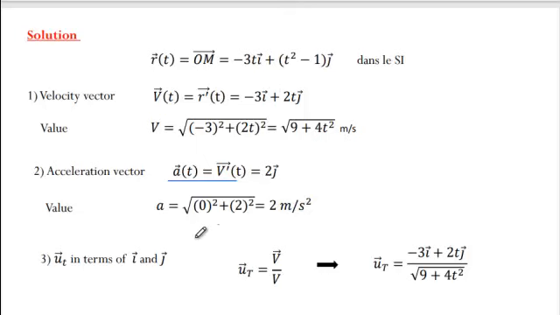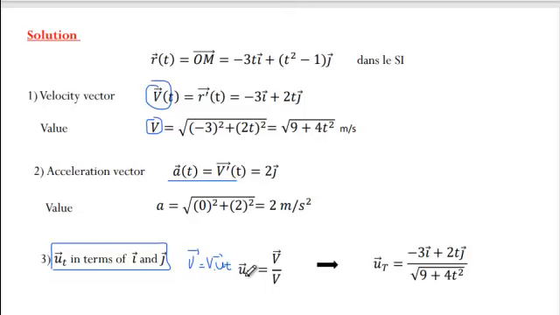Now how to find the relation for UT in terms of I and J. Here is the relation between the NT system and the Cartesian system. In order to do so, we use the rule which says the V vector equals V value times UT. And we already found the vector V above and the value V. So we just do a substitution.